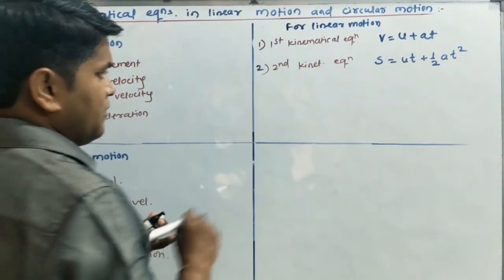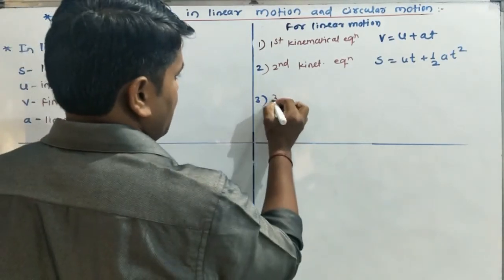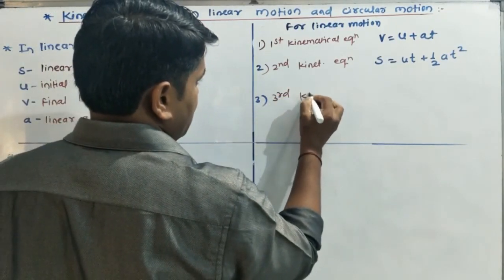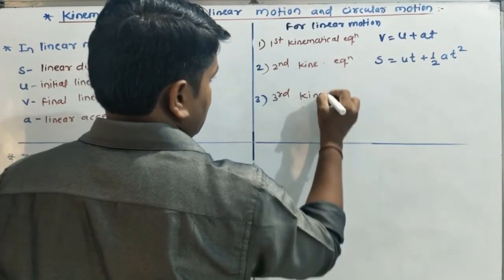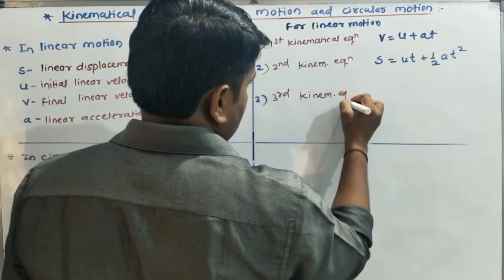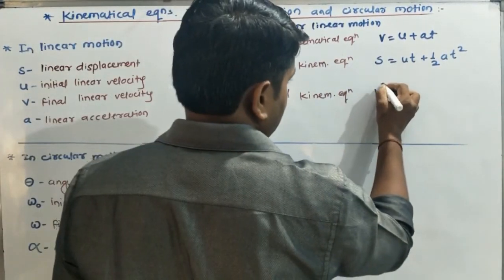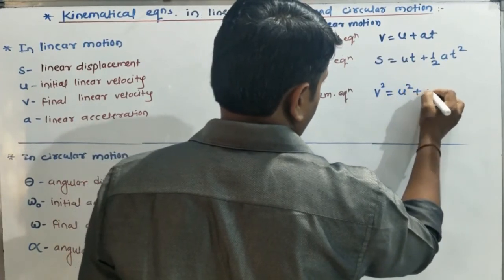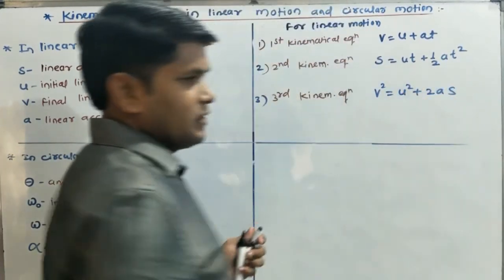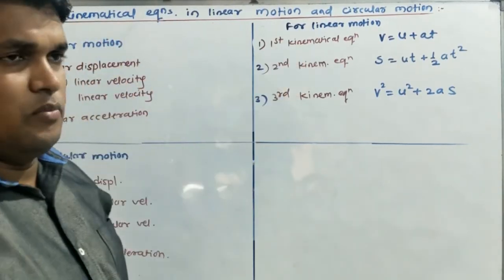And the third kinematical equation is v square is equal to u square plus 2as. These are the three kinematical equations in linear motion.